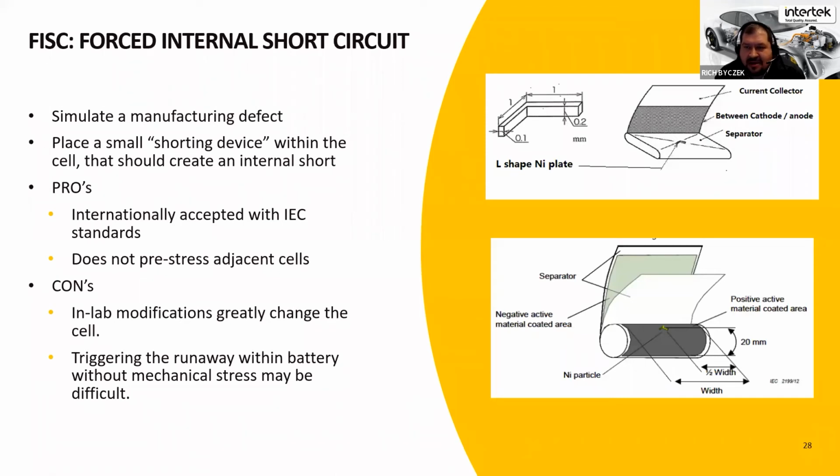You're somewhat taking away the effect of the canister and the pressure relief of the cell from being one of the means of mitigating a short circuit, but it does help you evaluate whether or not the internals of the cell, the electrolyte, the anode and cathode, their construction would create a larger or smaller fire event.